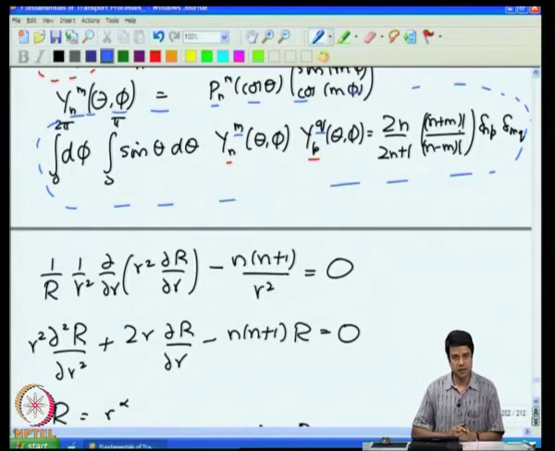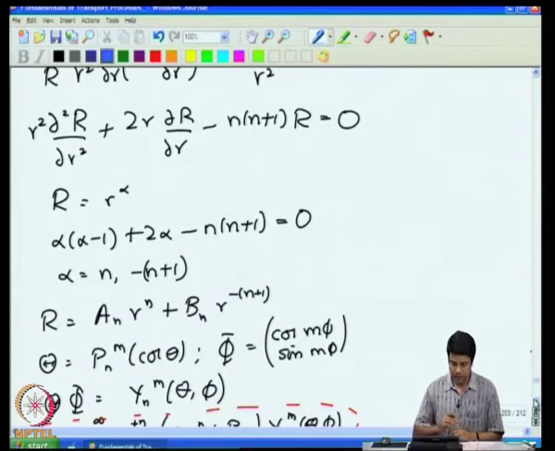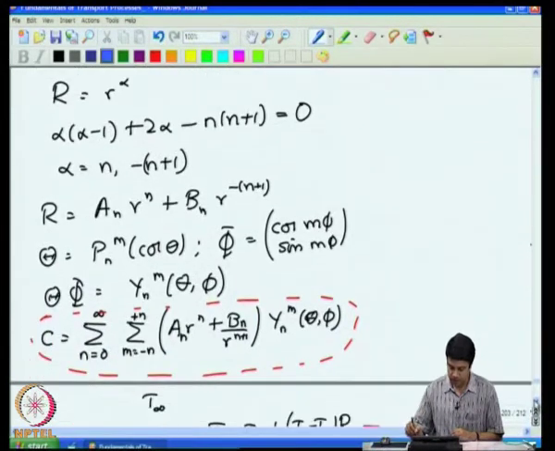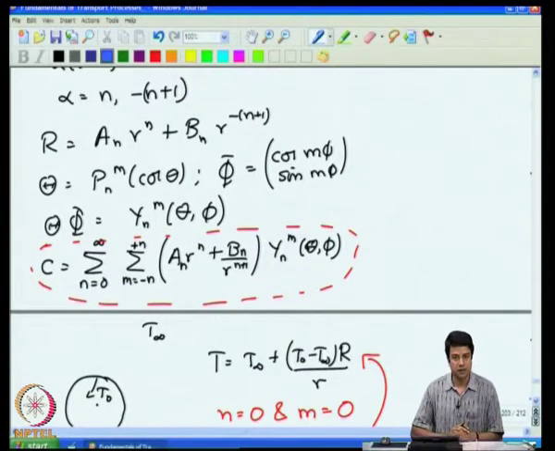What is left is the solution with respect to the radial coordinate, and I showed you that in this case the solution was of the form r to the power plus n and r to the power minus (n plus 1). So, a_n times r^n plus b_n times r^-(n+1). With that we finally get the spherical harmonic expansions, shown in red in that equation.